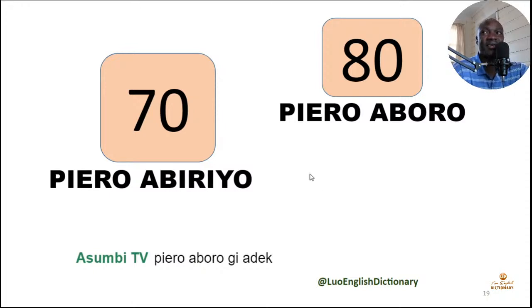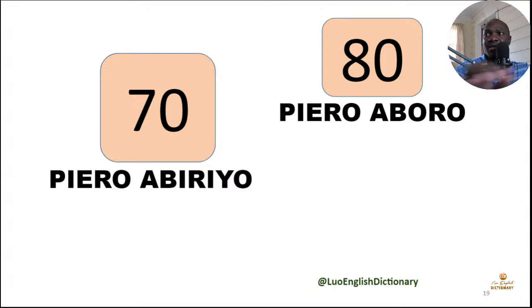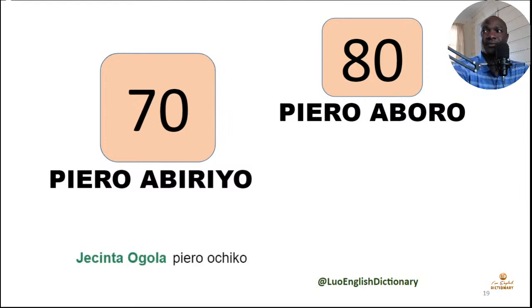And 90. I don't want to get to 100 because I have not introduced 100 yet. 90, anybody with the 90? Thank you for the comments. Piero ochiko. Jacinta Ogola, thank you so very much. It says Piero ochiko.